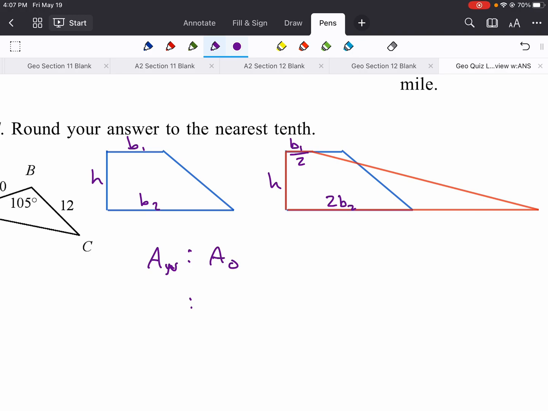I think base times height, but then I remember it's the average of those two bases because we got two of them. So B1 plus B2 divided by 2 times the height. Okay? Now over on this side, let's just put those new values in there. B1 over 2 plus 2B2 all over 2 times the height.